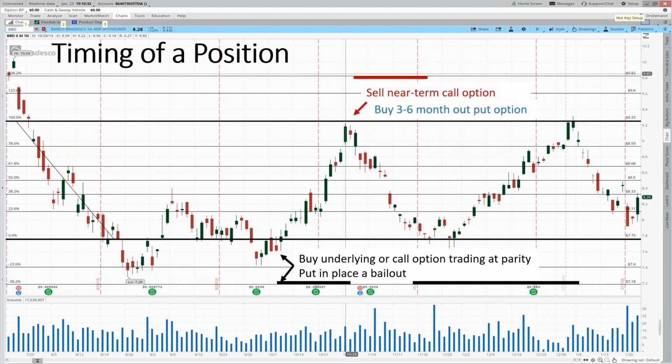At the next top, I'm going to sell a near-term call option, and at the same time, I'm going to buy a 3 to 6 month out put option. The strike price of that put option is going to be at or around the bailout price.